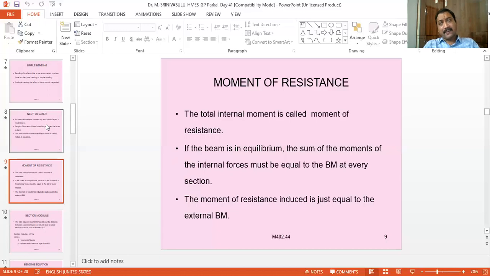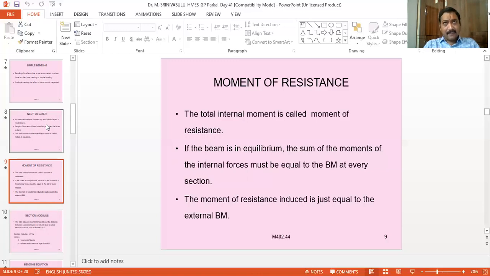Similarly here, the algebraic sum of the moments of all the loads acting on the beam about any point in the plane of the beam, either to the left or to the right of the section, is called the moment of resistance.